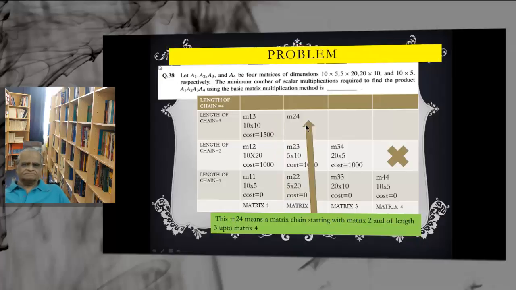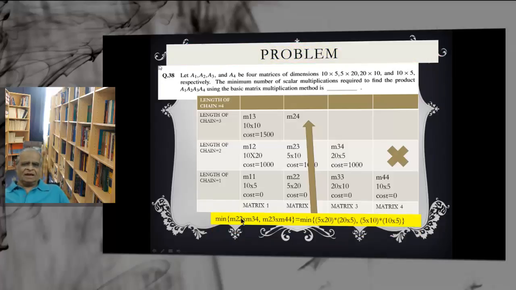Now we come here. A matrix chain starting at 2 of length 3, that is 2, 3, 4. It's going to be either the chain starting at 2 of length 1 with the chain starting at 3, ending at 4 of length 2, or the chain starting at 2, ending at 3 of size 2 with the chain starting at 4 of length 1.